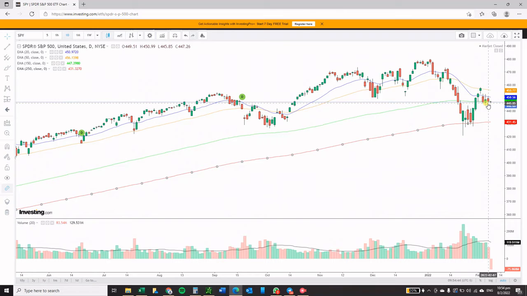Currently SPY is trading at 150 EMA. How do I use this EMA? It is usually to enter in tranches, basically dollar cost average down.